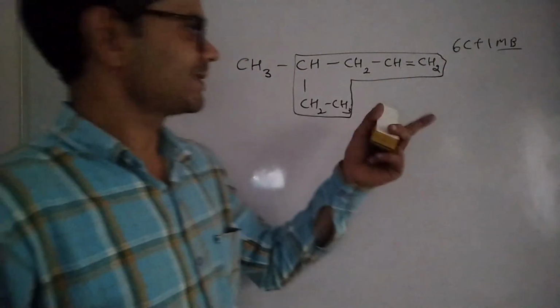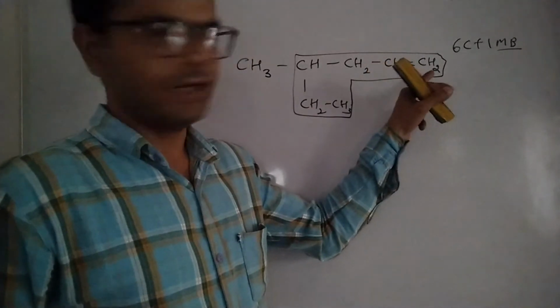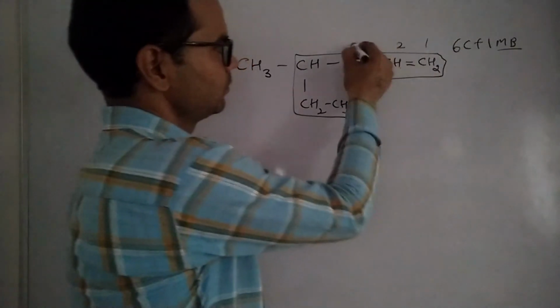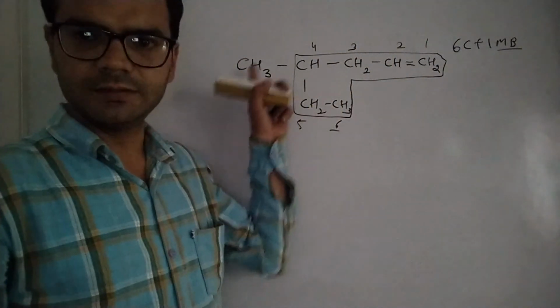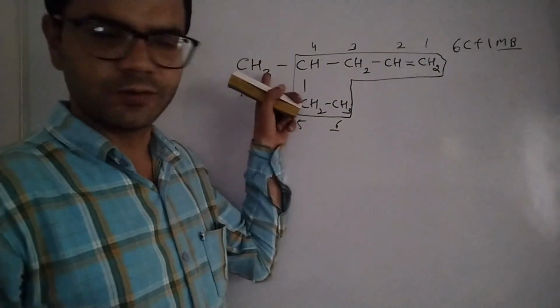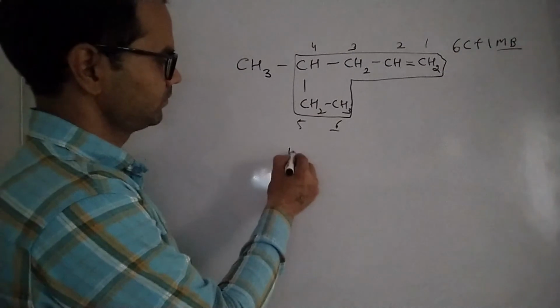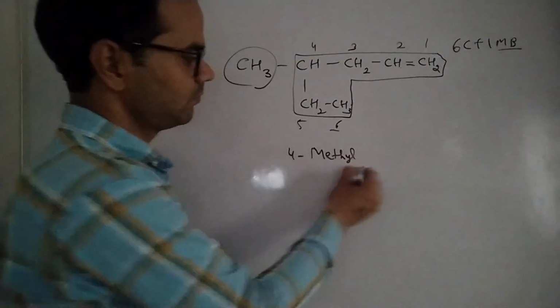Again the second rule is the same: give the least number to the carbon having a multiple bond. So this will be the first carbon. 1, 2, 3, 4, 5, 6. The fourth carbon contains an alkyl group, a substituent group. So its IUPAC name will be 4-methyl.